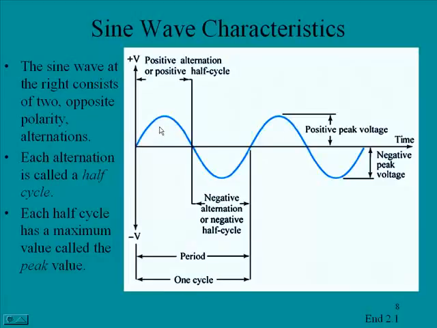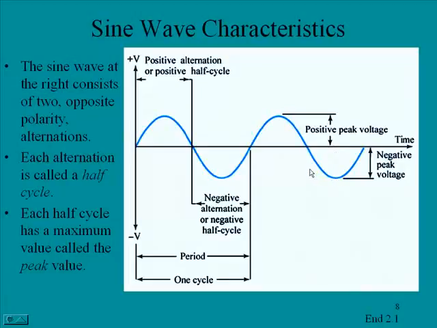Obviously this is positive, that's half, negative, this is half. Each half cycle has a maximum value called the peak value. The flat line in the middle represents 0 volts. So we have a peak value from 0 to this peak, and from 0 to the negative peak.